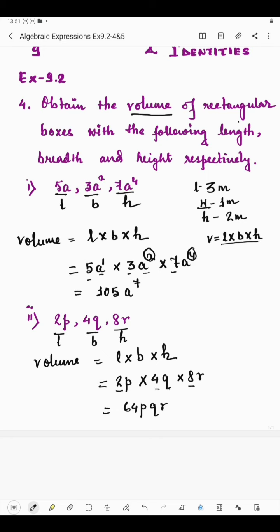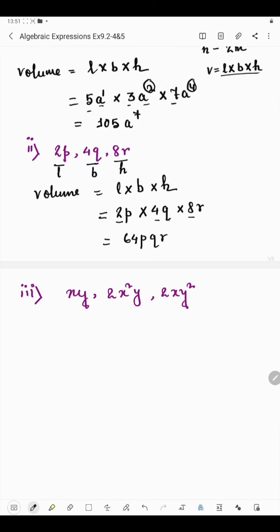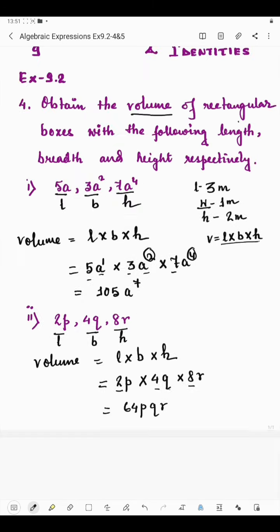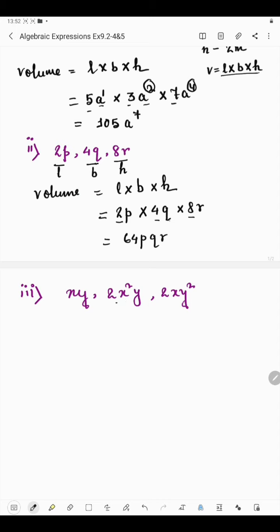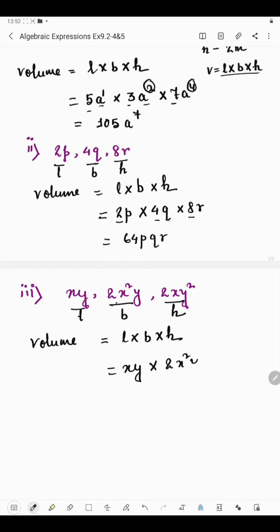Okay. Now in the third part we have xy, 2x square y and 2xy square. The first one is length, the second is breadth and the third is height, and we have to find the volume. So volume will be length into breadth into height. Length is xy, breadth is 2x square y and height is 2xy square.